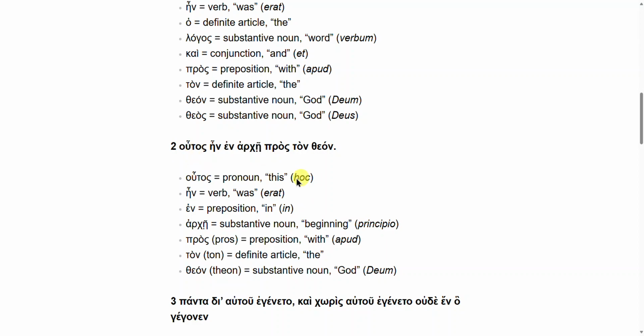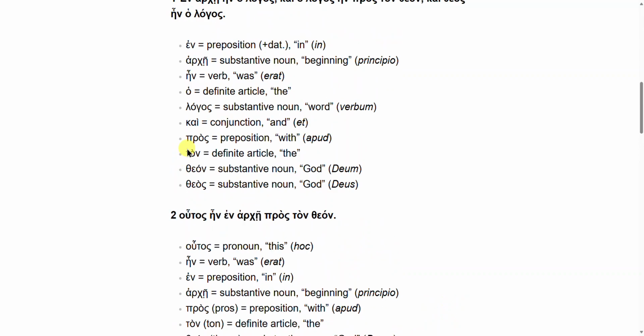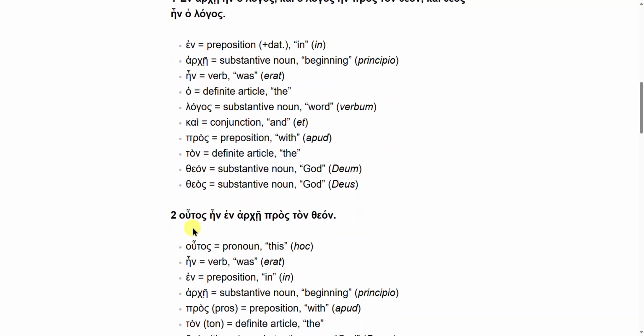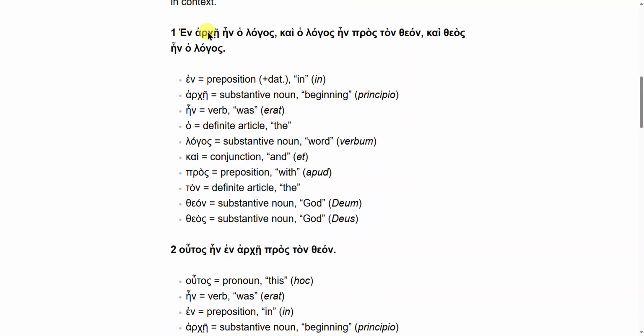Hutos is translated as hoc in Latin, which means this. And hutos refers back to ho logos, the subject of the first verse. Ein, was, en arche, we've already seen that phrase in verse 1.